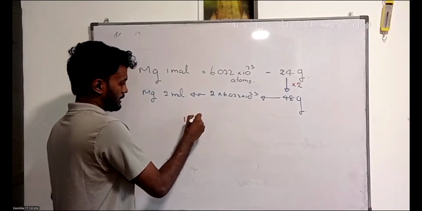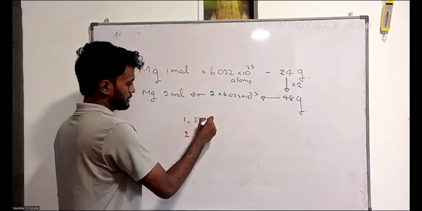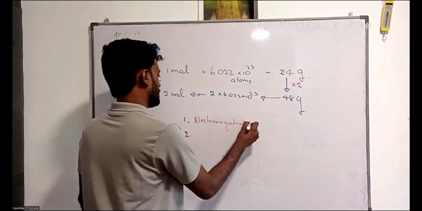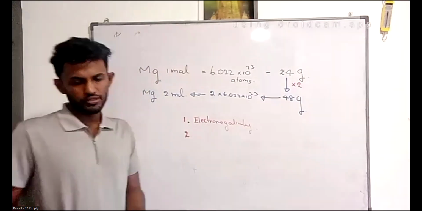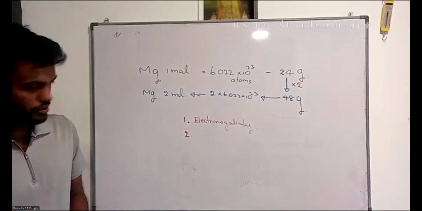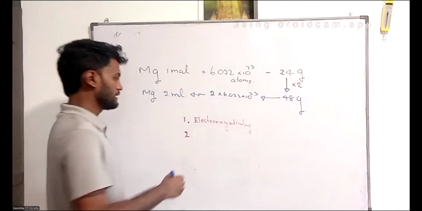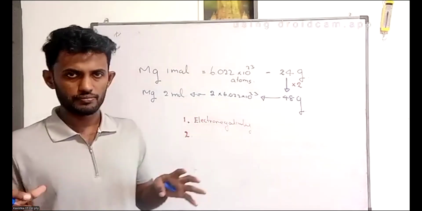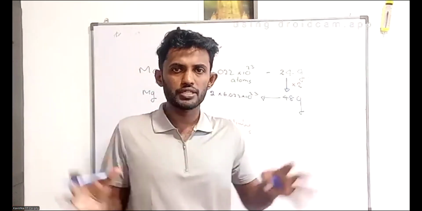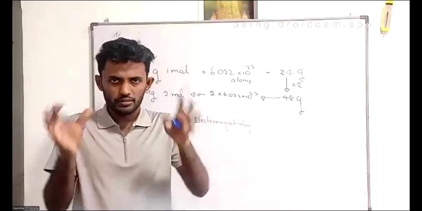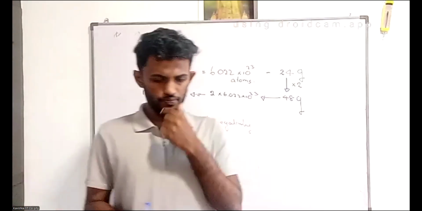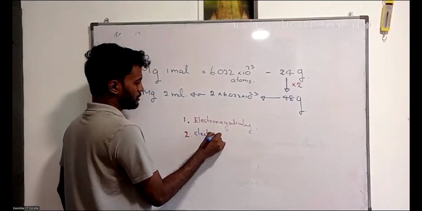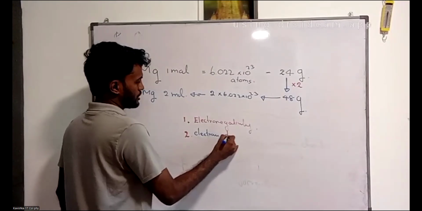That is electronegativity, right? So it basically depends on electronegativity. But not only electronegativity, it also depends on another factor, that is the distribution of electrons, how electrons are distributed around the central atom, whether the electron distribution is symmetrical or asymmetrical.